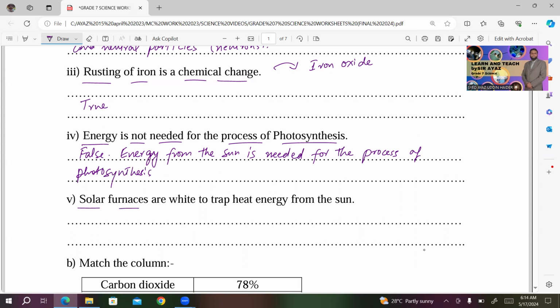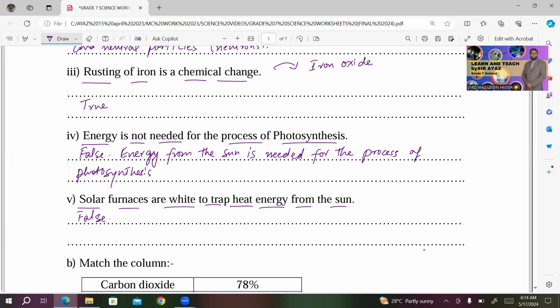Number 5, solar furnaces are white to trap heat energy from the sun. This is false. So we write false. The reason is that white bodies reflect heat.